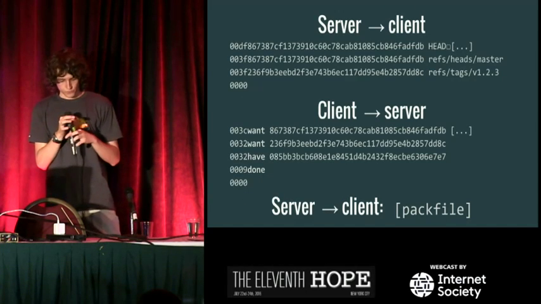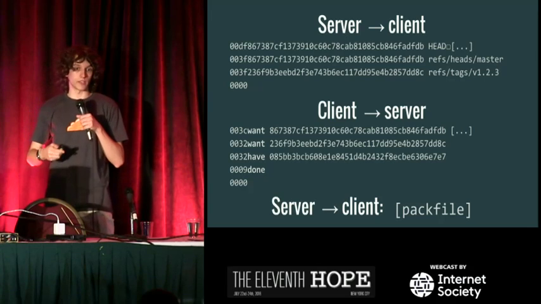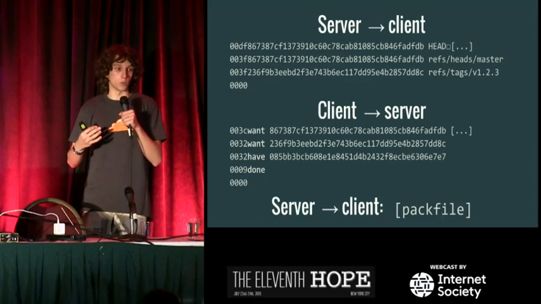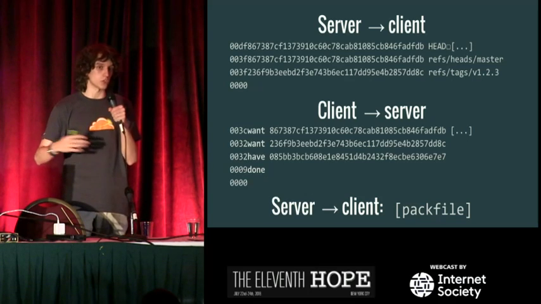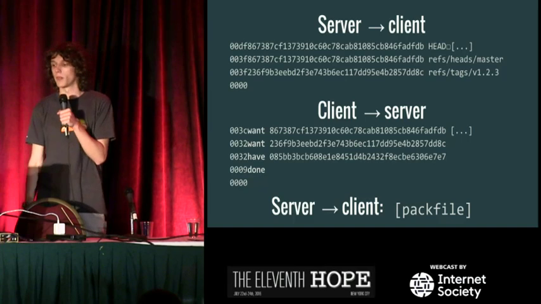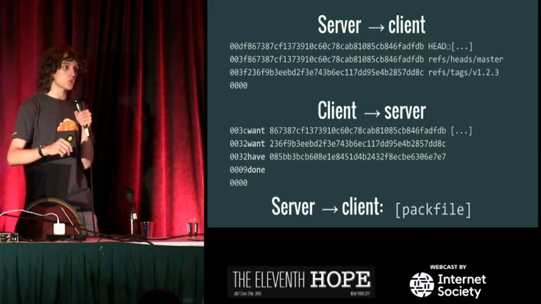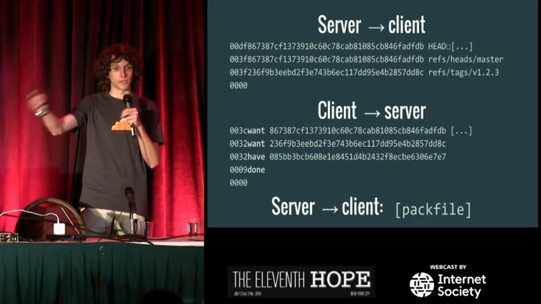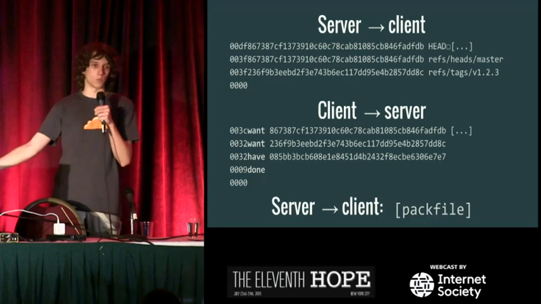So knowing this, we can have a look at how the Git protocol works. Essentially, this is what your client and the GitHub servers speak when you connect to GitHub to make a clone or a pull. As soon as you open the connection, GitHub starts by telling you all the commit hashes of the refs.